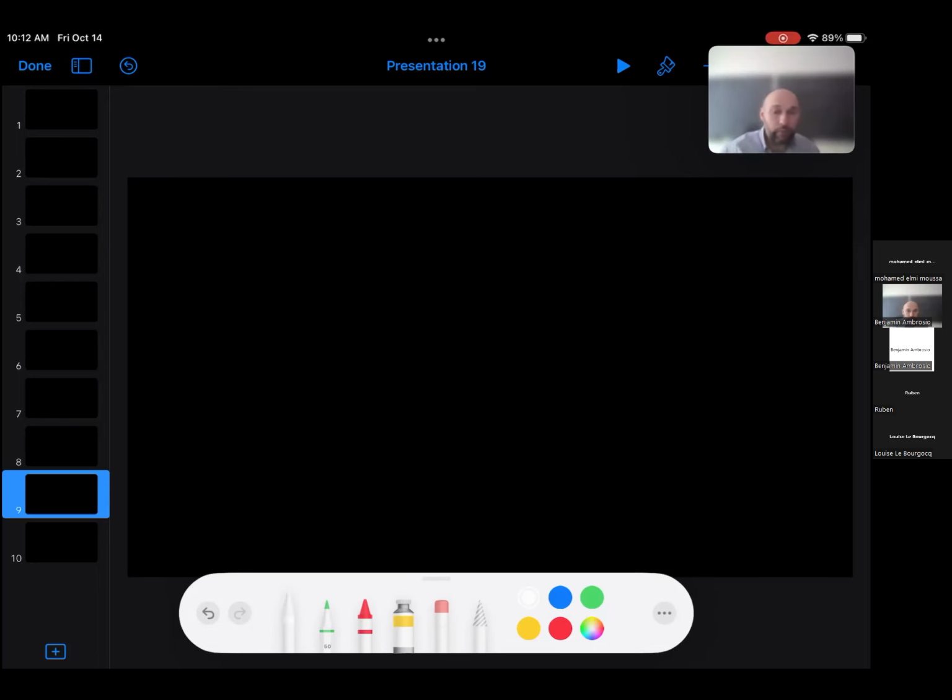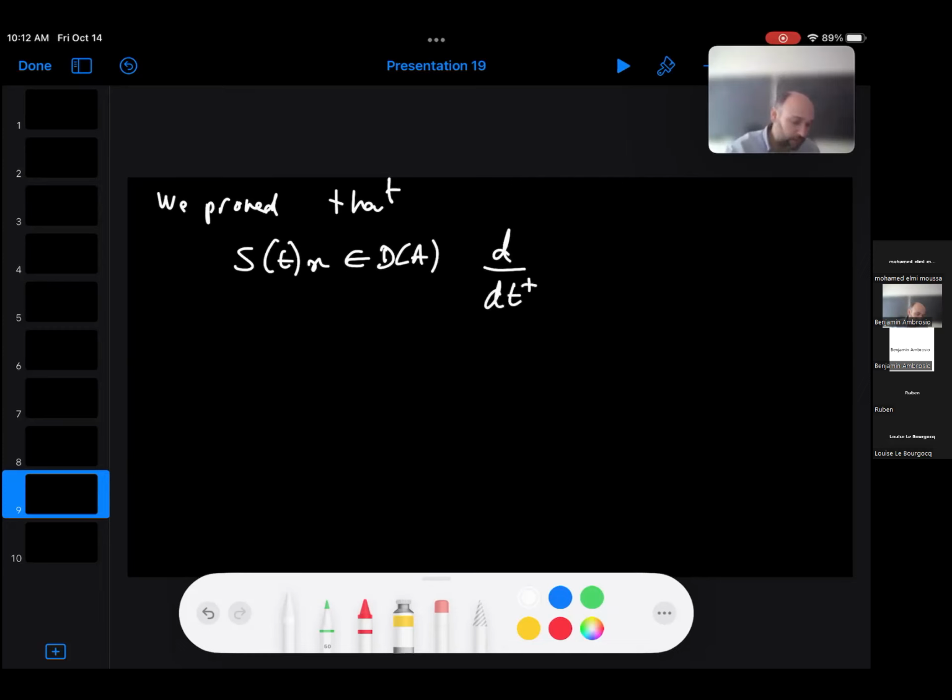What we proved is that S_t of x belongs to G of A. And so what did we prove? We proved first that S_t of x belongs to G of A, and also that when I take the derivative on the right side, let's write it d_t plus of S_t of x, it is equal to S_t of Ax.